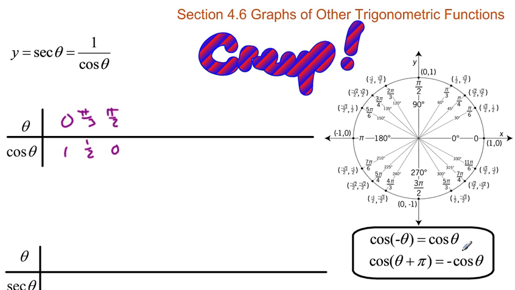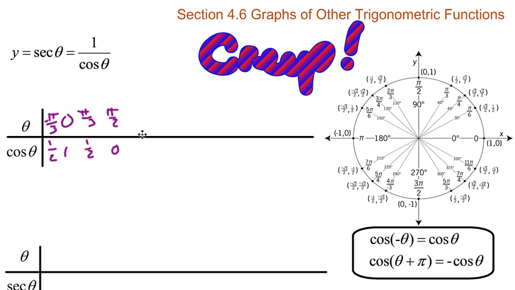I'm going to show you why this is a useful identity. If this is cosine of pi over 3, then if I take the cosine of negative pi over 3 using the even identity, the output is going to be the same as the positive value. So if this is 1/2, then this also has to be 1/2.